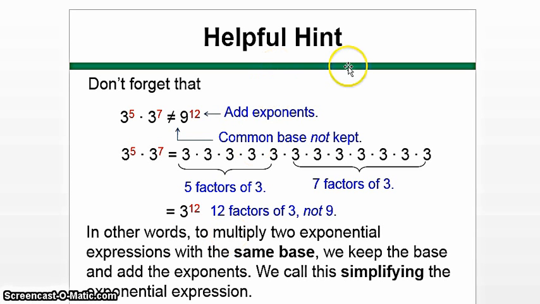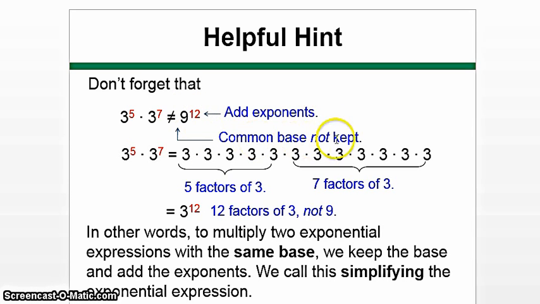Some helpful hint: do not forget that 3 to the power 5 times 3 to the power 7 is not equal to 9 to the power 12. We have to add the exponents.